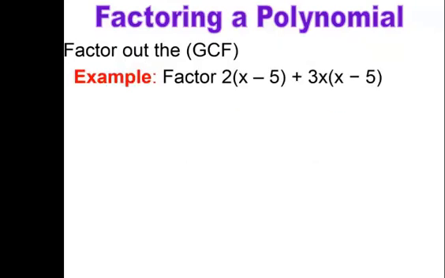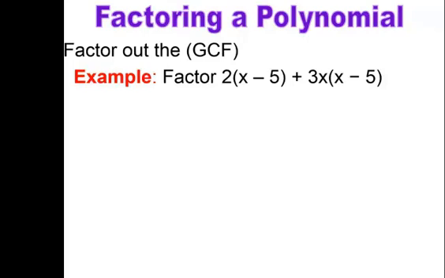Notice this next example. We're looking to factor out the greatest common factor. So it looks here that we would be doing a distributive property and combining like terms and all that. But we're not doing that because the directions state to factor out the greatest common factor.